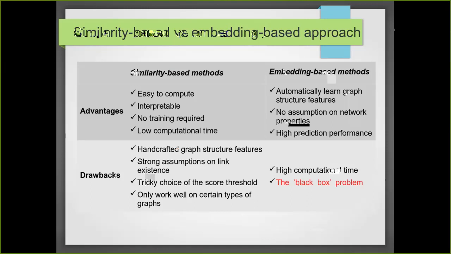For comparing similarity-based and embedding-based methods, the advantage of similarity-based methods is that they are easy to compute and fully interpretable, no training is required, and they consume minimum computational time. These are actually handcrafted methods. Embedding-based methods learn this kind of similarity automatically from the graph, and there is no assumption on graph properties.